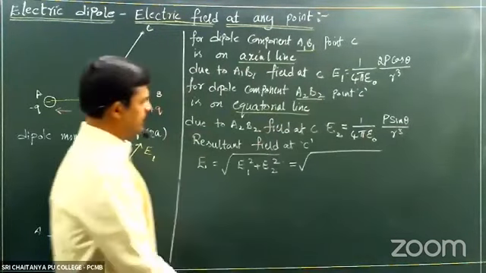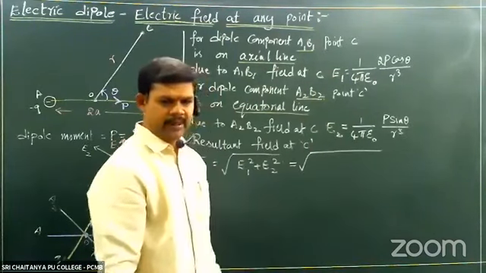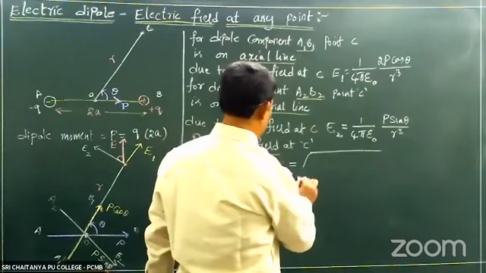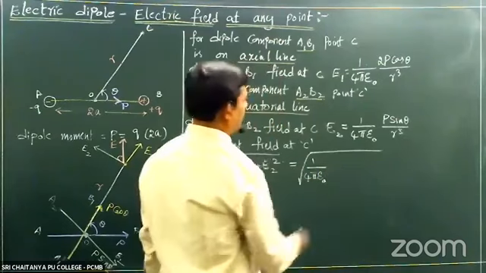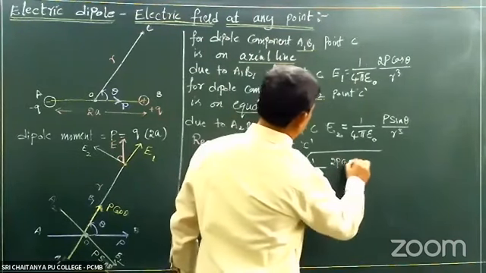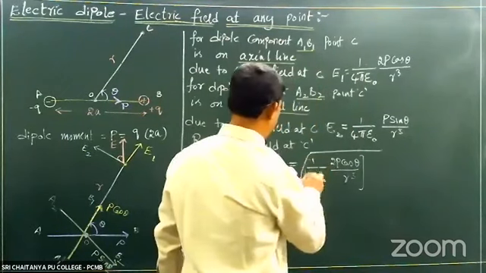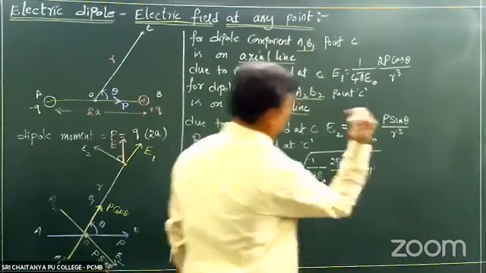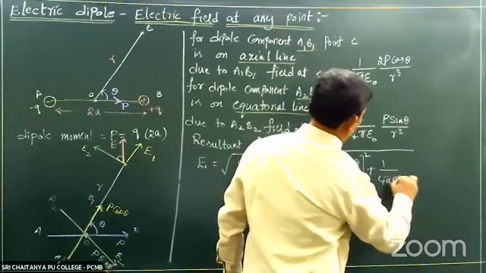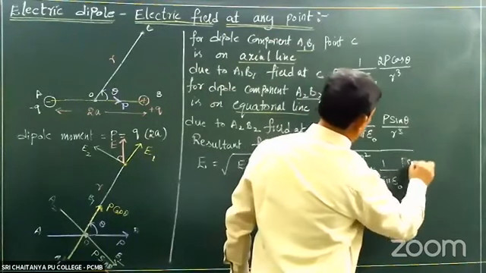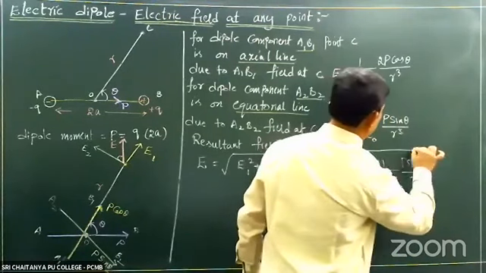Root over E1 square plus E2 square. Substitute those values. (1 by 4 pi epsilon naught 2p cos theta by R cube) whole square plus (1 by 4 pi epsilon naught p sin theta by R cube) whole square. Right?